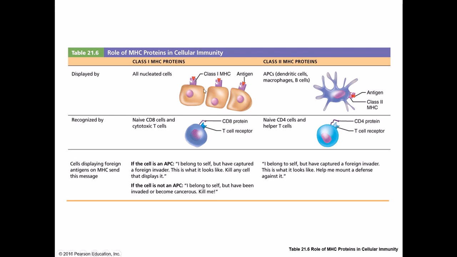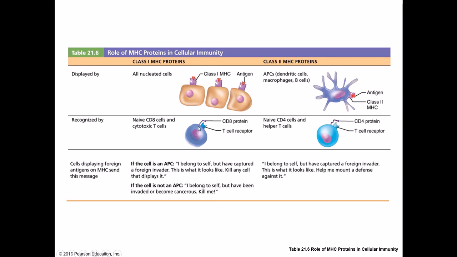All nucleated cells will display a class 1 MHC protein. When they display this class 1 MHC protein with an antigen bound into it, then they can activate these naive CD8 T cells and cytotoxic effector T cells.